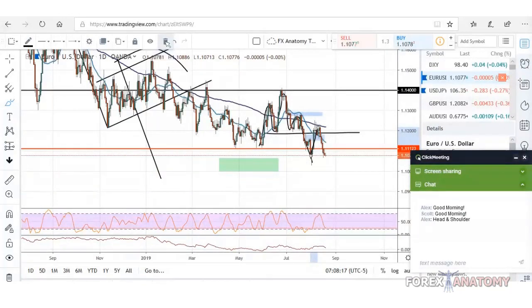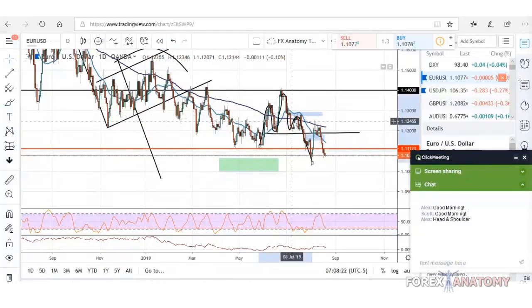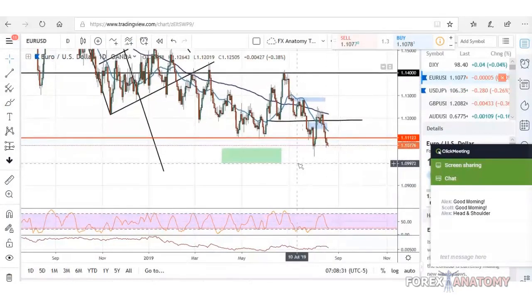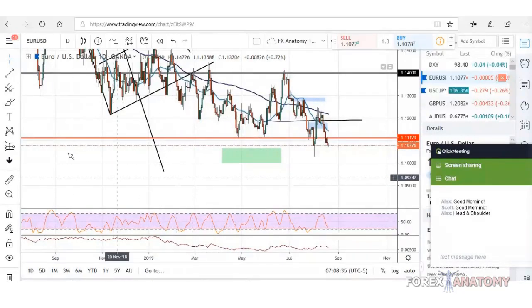But if we remove these markers so that we can talk about what's happening now, as you can see, price is currently testing an area of structure support. I'm not on the weekly time frame, so you'll have to trust me here, but let me draw this in.